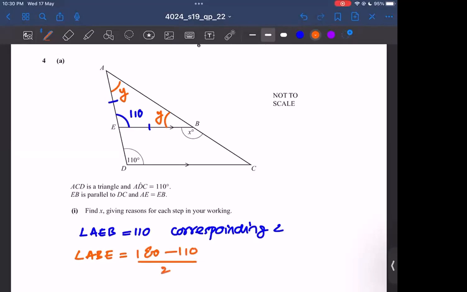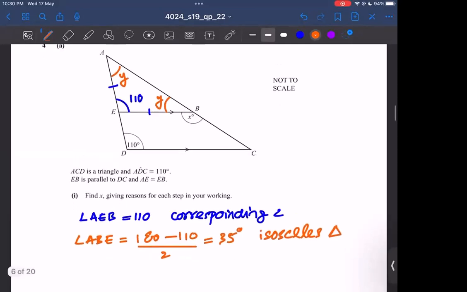So 180 minus 110 is 70. 70 divided by 2 is 35. The reason over here is isosceles triangle.